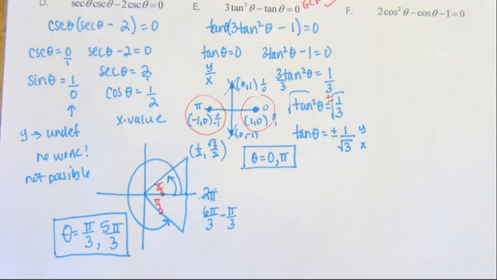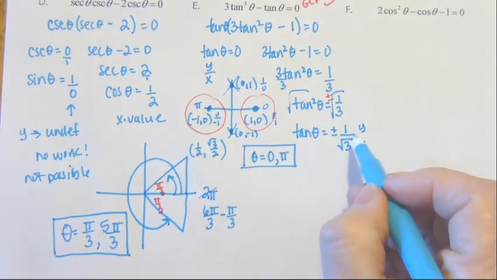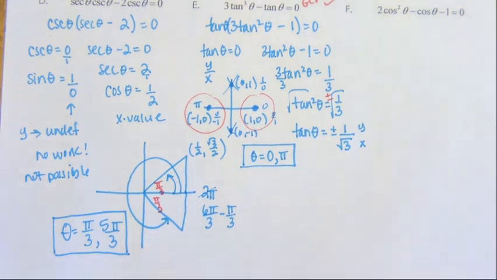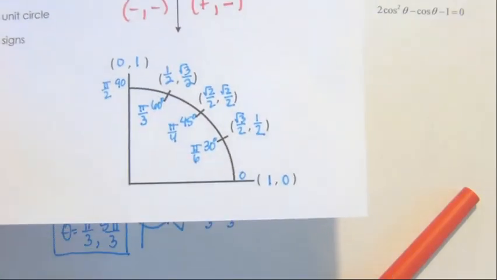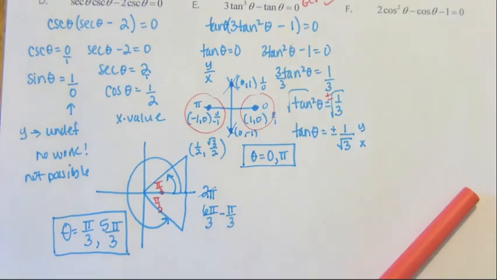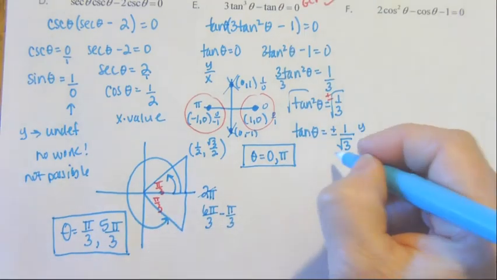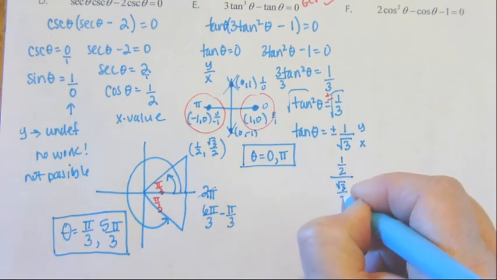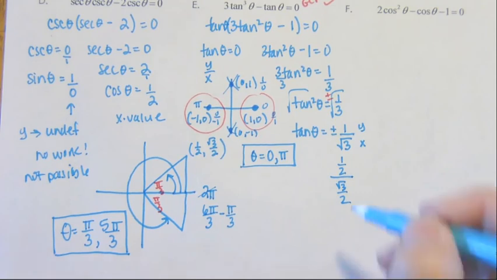So I need to figure out what kind of ordered pair is going to simplify to give me 1 over radical 3. If you go back and you look, it's going to have to be one of these that pairs up 1/2 with radical 3 over 2. I want the top to be 1, and I want the bottom to be radical 3. So the only way that's going to happen is if my y is 1/2 and my x is radical 3 over 2.